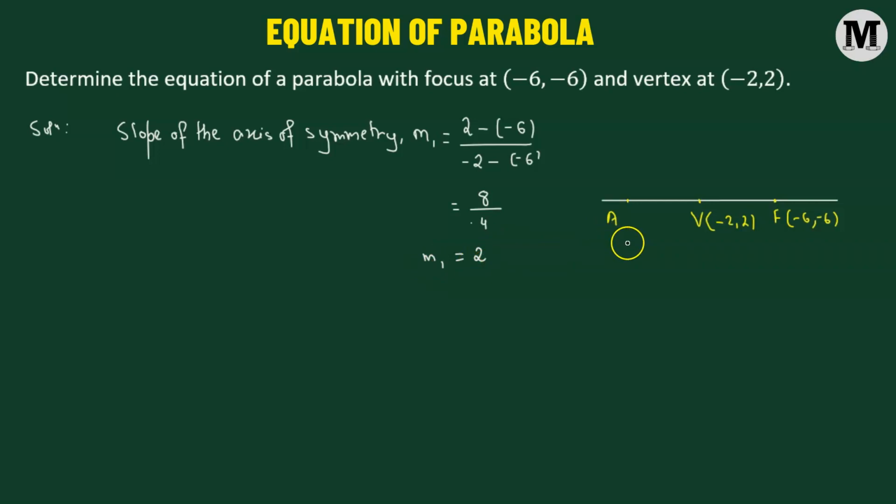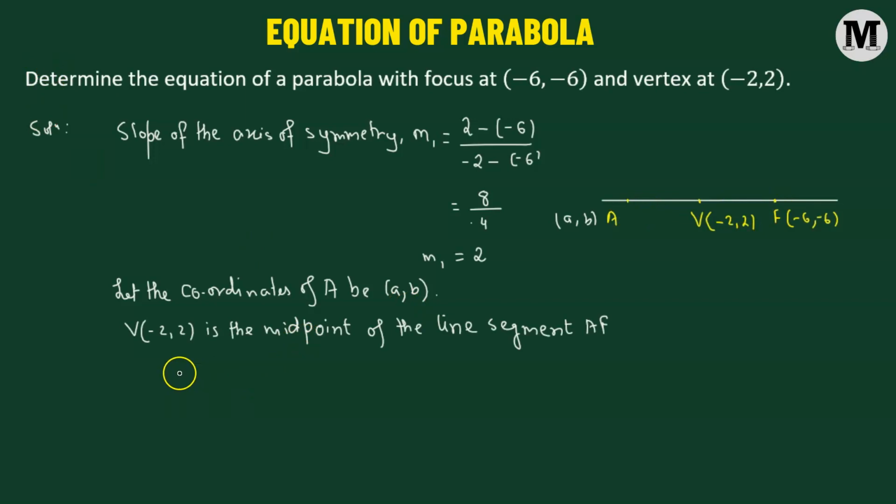Now we want to find the coordinates of point A, so let the coordinates of point A be (a, b). Clearly V is the midpoint of the line joining point A and point F. Using the midpoint formula, the x coordinate of point A added to the x coordinate of the focus, divided by 2, gives the x coordinate of the vertex.